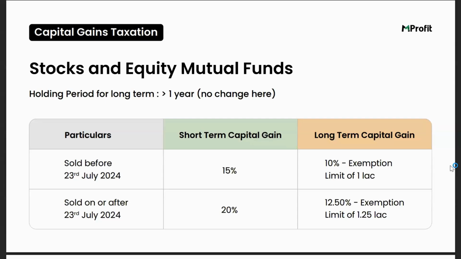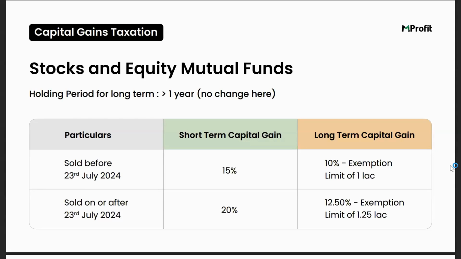Now, if you are selling it before 23rd of July 2024 and 1 year is not completed from the purchase date, it will be short term and the tax rate applicable will be 15%. However, if the 1 year criteria has been met before and you are selling it before 23rd of July, it will be classified as long term and the tax rate will be 10% with the exemption limit of 1 lakh applicable.